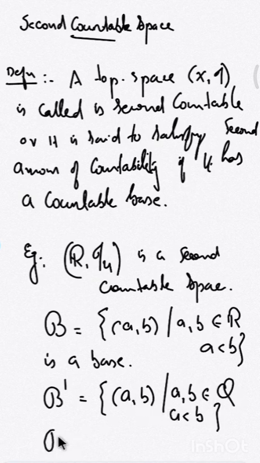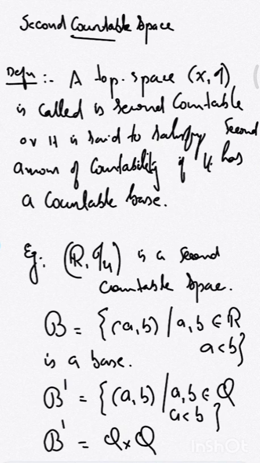So ℬ' can be put in one-to-one correspondence with Q cross Q. Since Q cross Q is countable, the collection ℬ' is countable. Therefore ℬ' is a base for the usual topology of the real line, and it is also countable. So the real line with the usual topology has a countable base, which is ℬ'. Therefore, the real line with the usual topology is a second countable space.